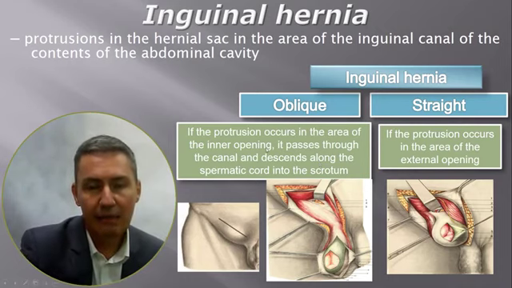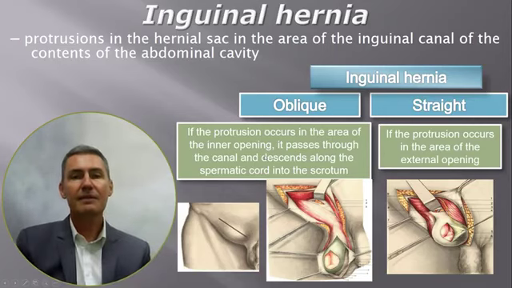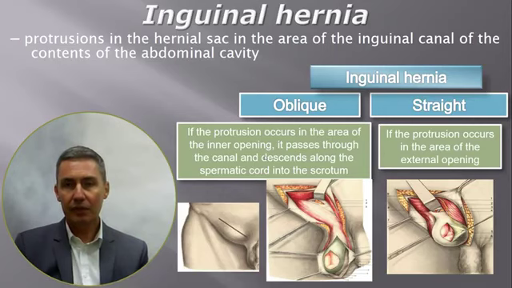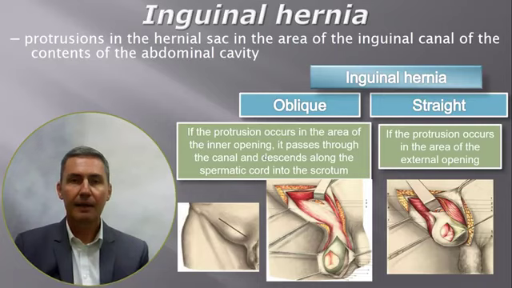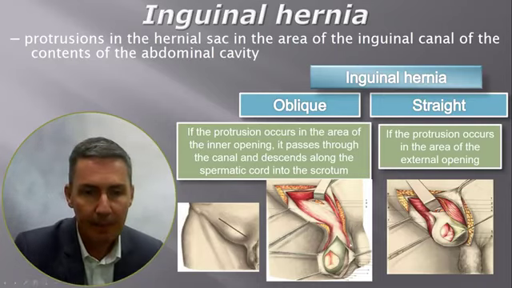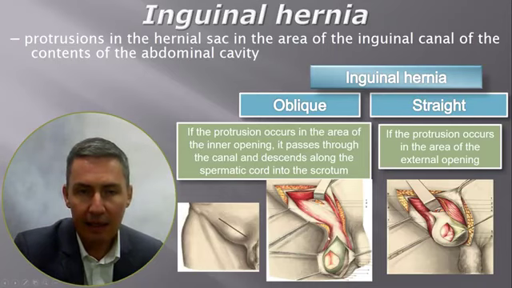The oblique hernia passes throughout the inguinal canal, because first it exits from the abdominal cavity via the internal ring or deep ring of the inguinal canal, then passes throughout the canal obliquely and exits via the superficial ring and gets to the scrotum.